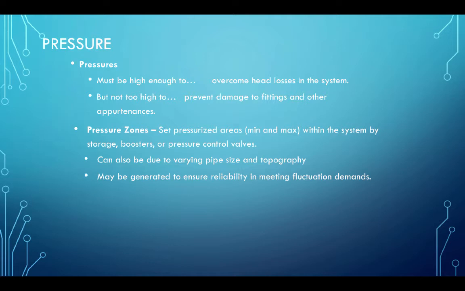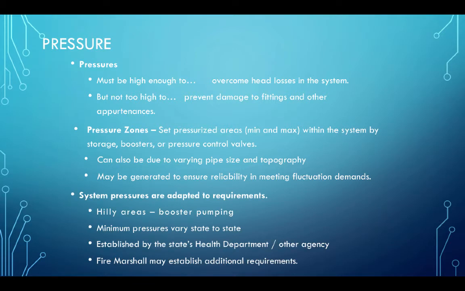If we're in parts of the country where we have vertical elevation changes over our system, we might have water running up a hill that needs to be boosted or coming down a hill that's going to need to have its pressure controlled. We often generate these pressure zones to increase reliability of the entire system to meet fluctuating demands. I think we saw a sample of that when we discussed storage concepts.